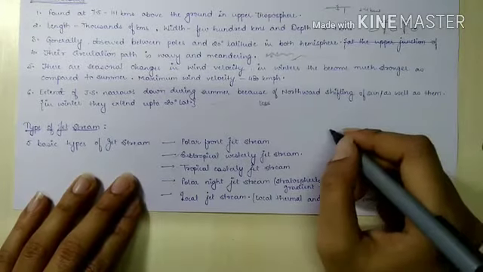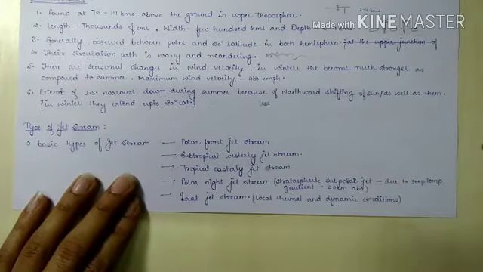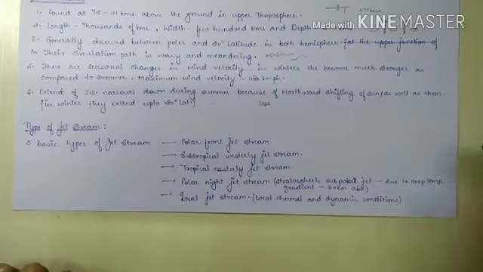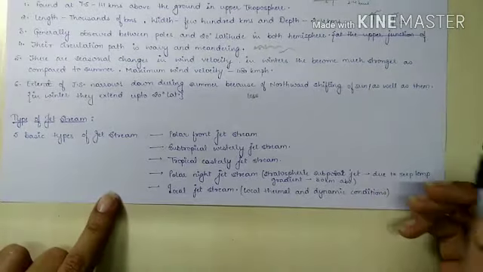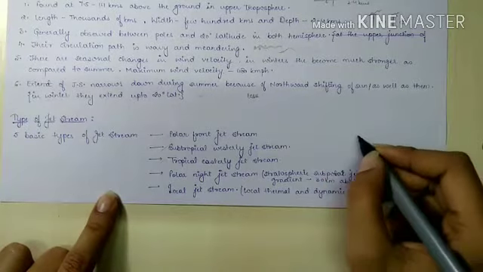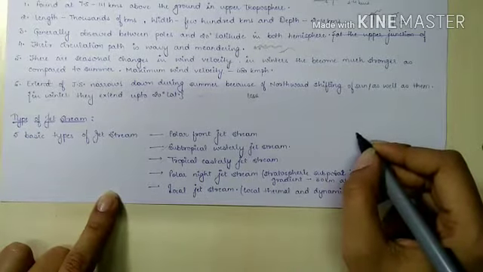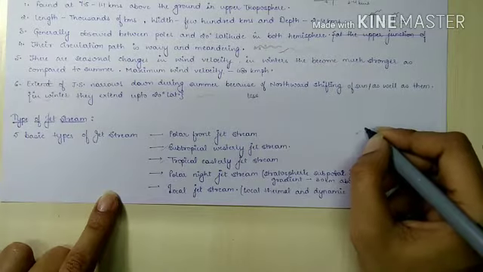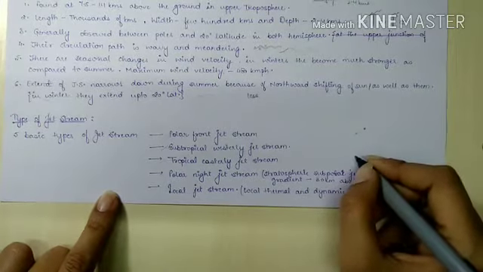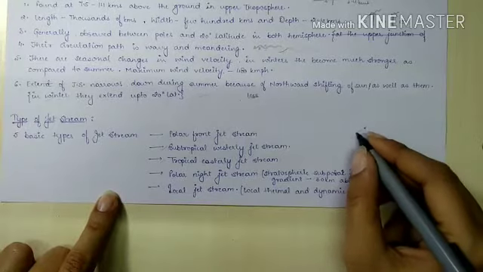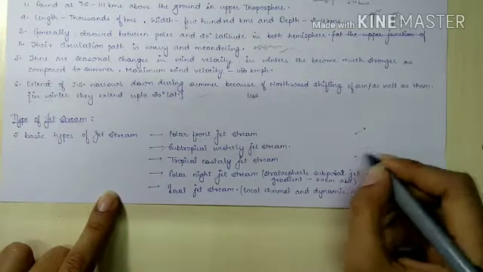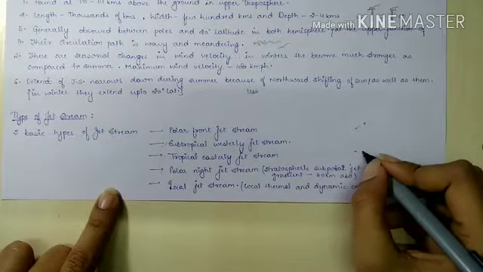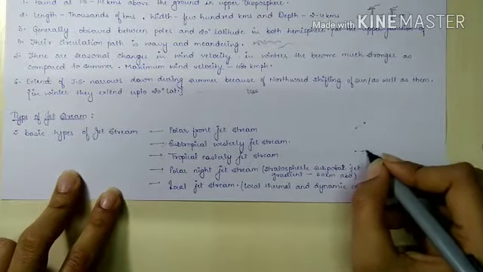It is stratospheric, that means it ranges above 30 kilometers above the ground, and it is formed due to temperature gradient. In the stratospheric layer, the temperature is more as compared to the one on the ground.